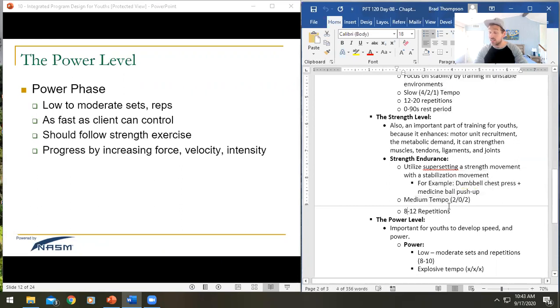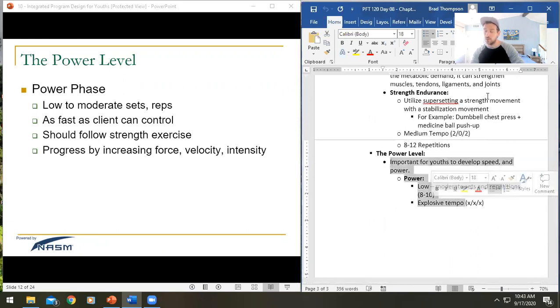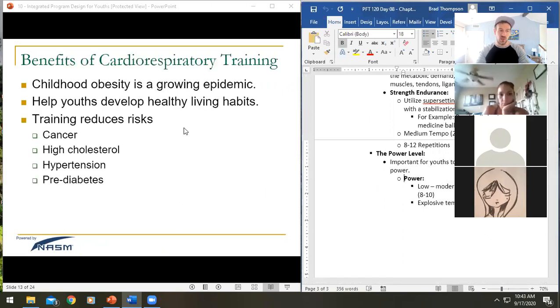Medium tempo, 8 to 12 repetitions. So all that's the same. The power phase, though, we're really not doing the superset. We're just going to remove that max strength portion. We're just going to do power by itself. That's important for youth because they really don't have the discipline or the energy systems really to do max strength lifting. So that is one adjustment we're going to make.